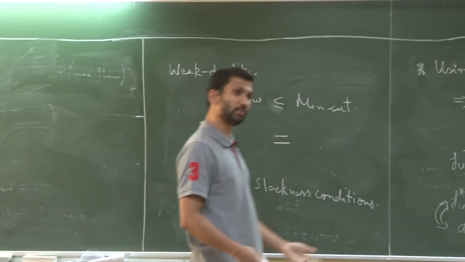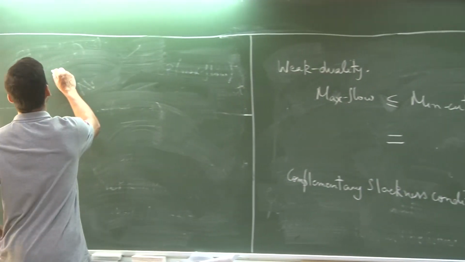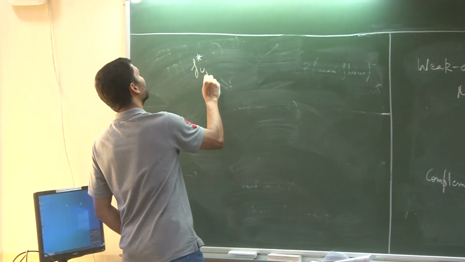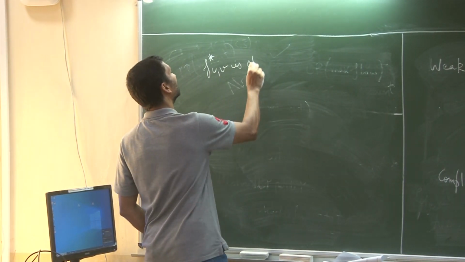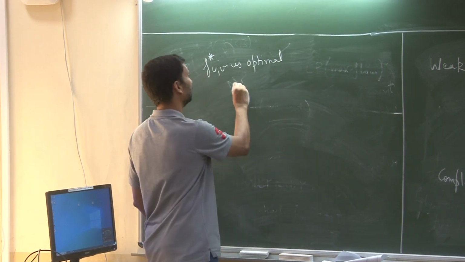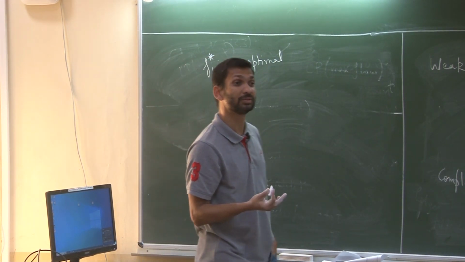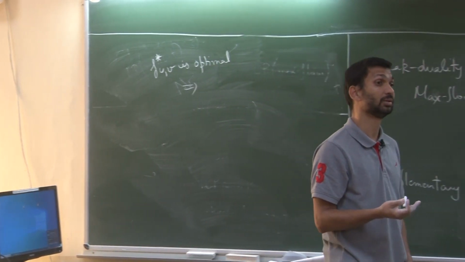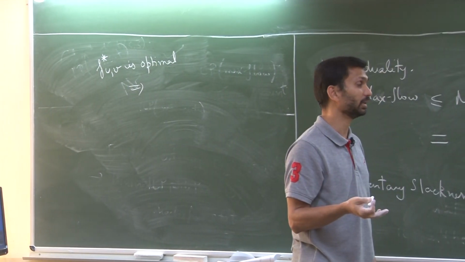Okay. Another way to say it is, if S star UV is optimal, what does this imply?